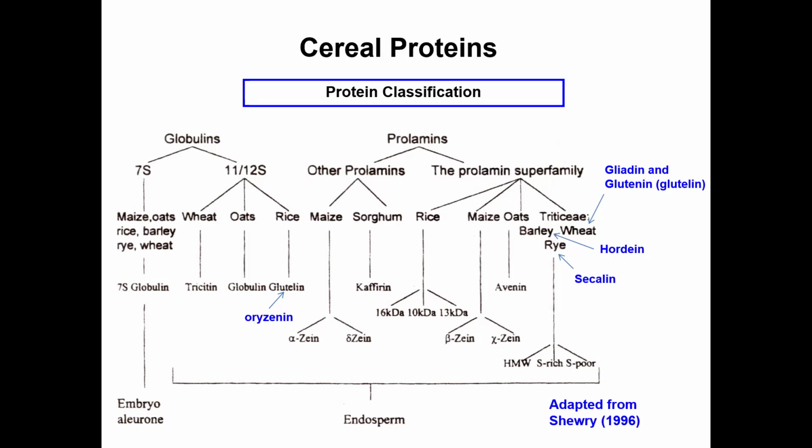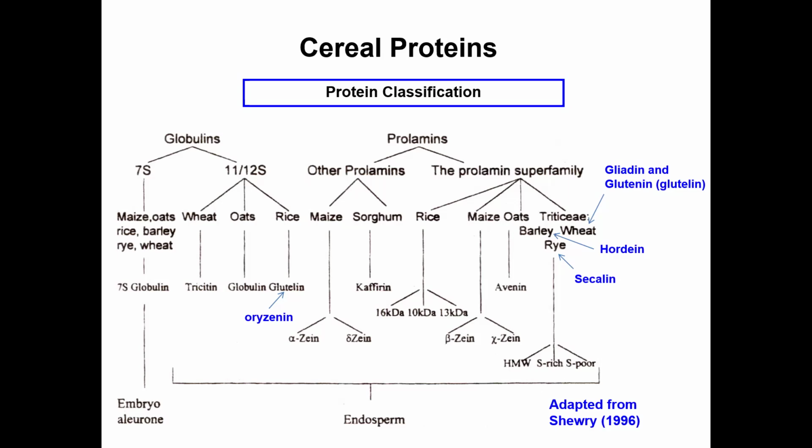Sometimes it's put in a glutelin category, but it is a prolamin. But because it has a little bit structural differences than gliadins and the rest of the prolamins, they are put in a glutelin category, which is a subcategory of prolamins, but mostly higher molecular weight. They are higher molecular weight prolamins. So they have this category called glutelin.